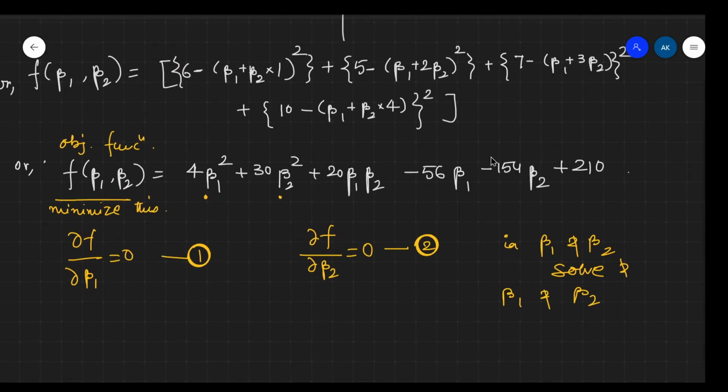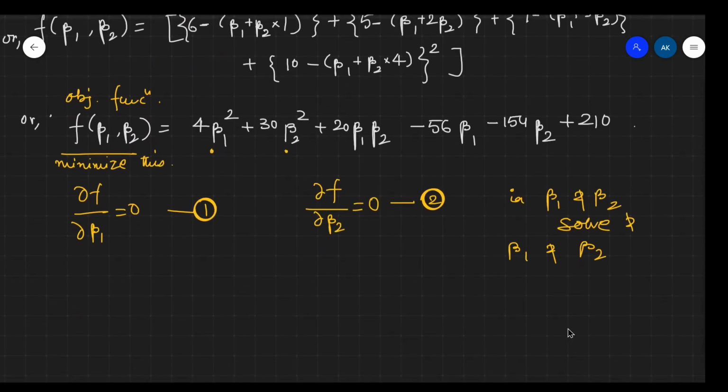Okay, let's do it. So when you do this, you will get an equation 8 beta 1 plus 20 beta 2 minus 56 equal to 0. This is your first equation. And your second equation, I'm just differentiating it partially.